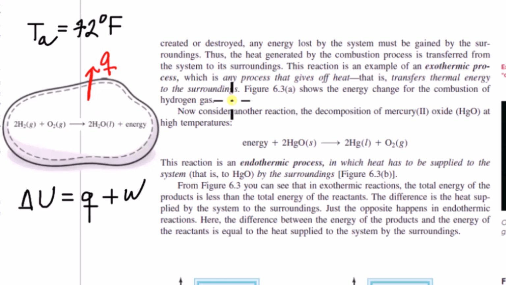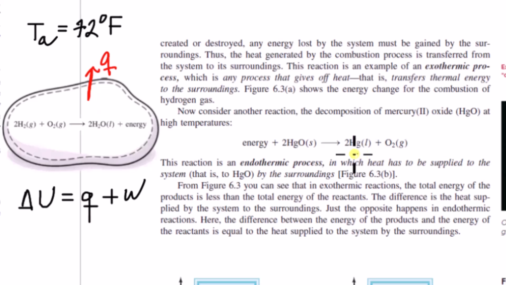So in an endothermic reaction, the products, right after the reaction has completed, the instant after the reaction has taken place, are going to initially have a lower average kinetic energy of their particles than the reactants had.